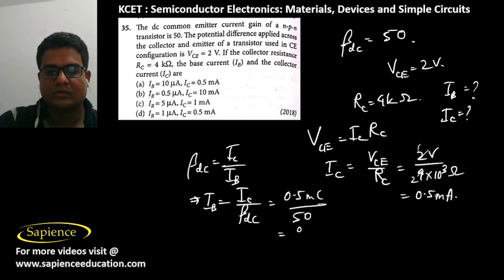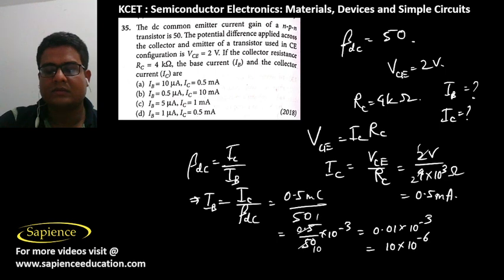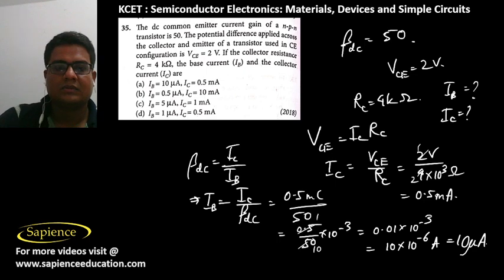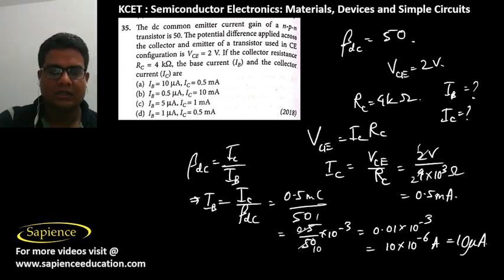So this will be 0.5 by 50 into 10 power minus 3, so this will be 0.01 into 10 power minus 3. So this is 10 into 10 power minus 6 ampere, so this is 10 microampere. So IB is 10 microampere and IC is 0.5 milliampere. So option A is the correct answer.